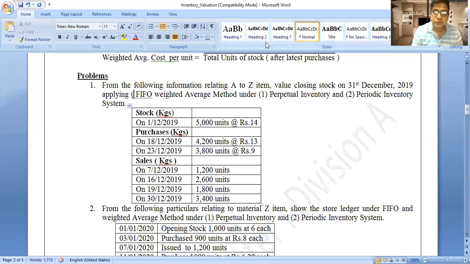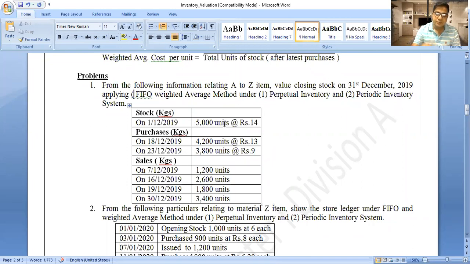Now in this problem, various kinds of information regarding the stock are provided. 1/12/2019 is considered as the opening stock. Then purchases and sales information is there. We will go date wise. The first date is 1st December, the opening stock.